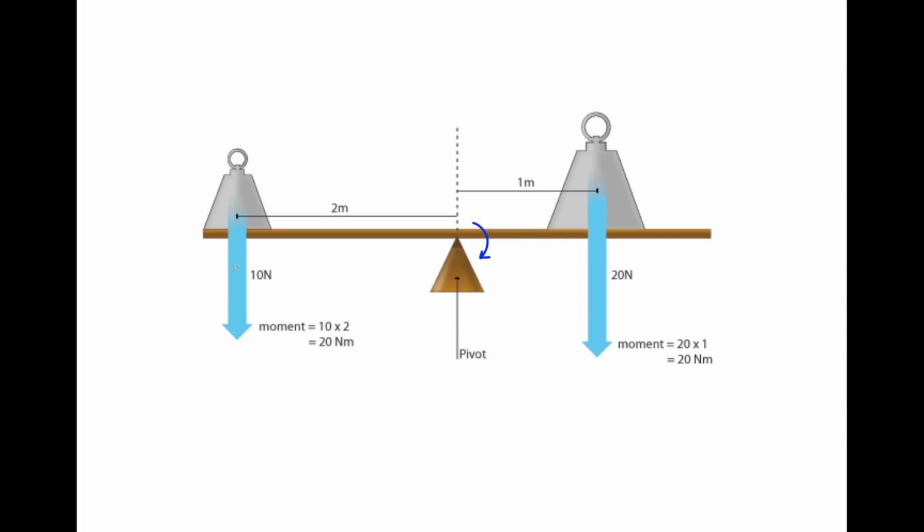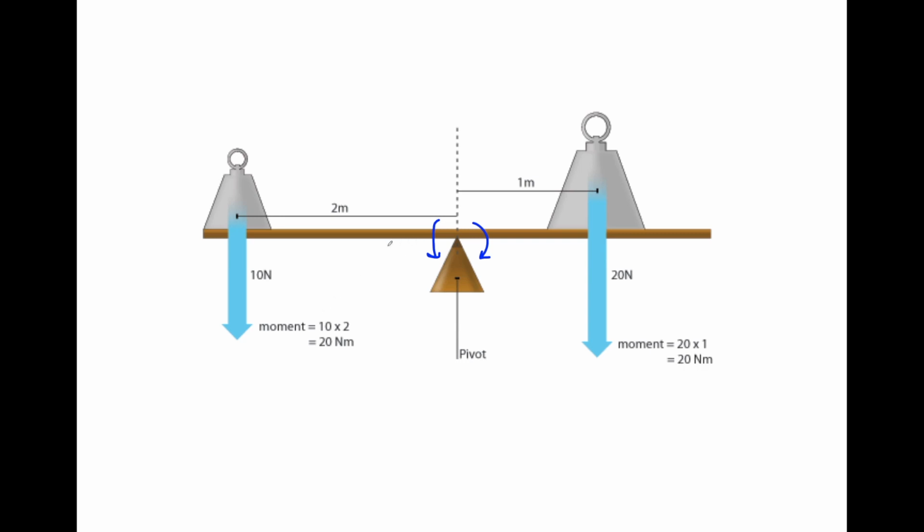Now, let's consider this smaller weight that's half the weight. It's 10 newtons of force in the downward direction at a distance of 2 meters. It wants to pivot this seesaw in the other direction. And so here we have 10 newtons times 2 meters.